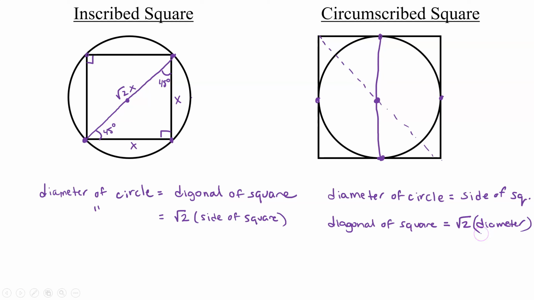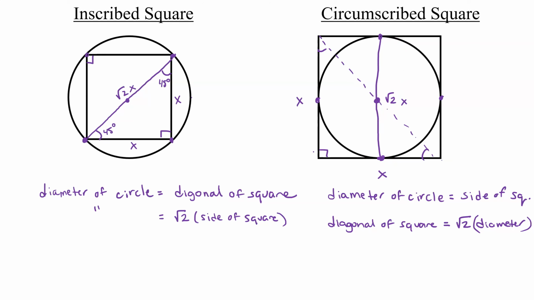And again, that just comes from the 45, 45, 90 relationship. Here's a 45, here's a 45, here's a 90. So we know if this side is x, this side is x, then this length right here is the square root of 2 x. All this relationship is saying is this dotted line is equal to root 2 times, instead of x, the diameter of the circle.